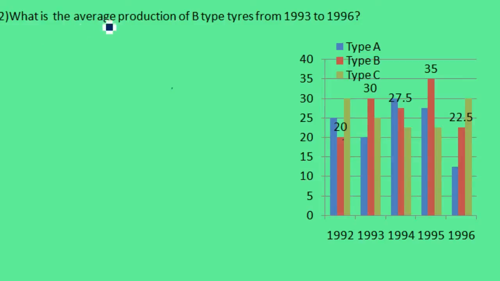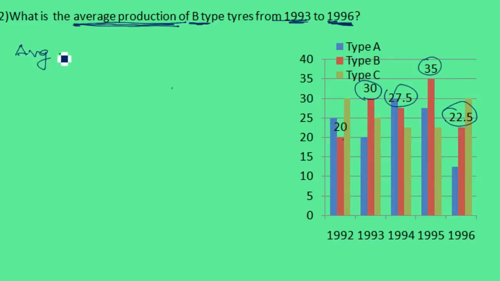This is another type of question where average is asked. The question is, what is the average production of B type tires from 93 to 96? It's simple. Here the B type values are given from 93 to 96. So average is 30 plus 27.5 plus 35 plus 22.5, divided by 4.